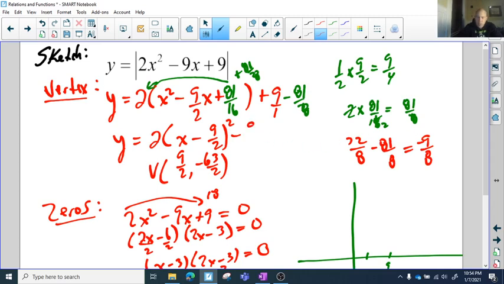So negative 9/8. This will now be 9 over 4, because you'll do square root of the first, sign of the middle, square root of this one should be 9 over 4. That'll change my vertex to 9 over 4, and this will be minus 9/8.